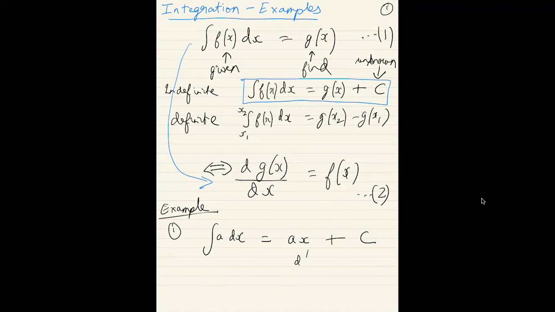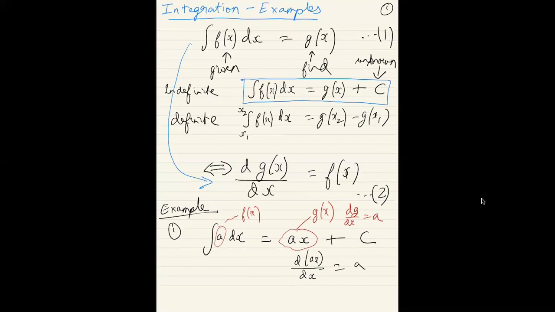Why? Because d of ax by dx is equal to a. So in this case, our f of x is a, our g of x is ax, and you can see that dg by dx indeed gives us a. And that's how we got it.